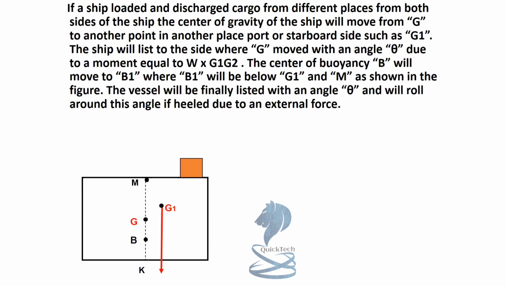The ship will list to the side where G moved with an angle theta due to a moment equal to W into G1 G2. The center of buoyancy B will move to B1, where B1 will be below G1 and M, as shown in the figure.